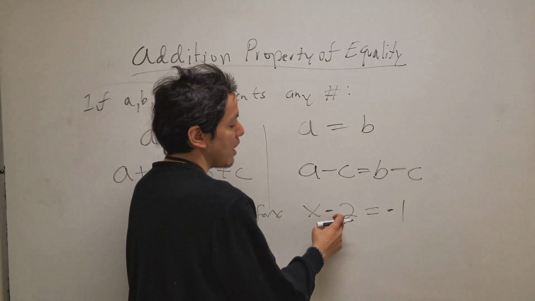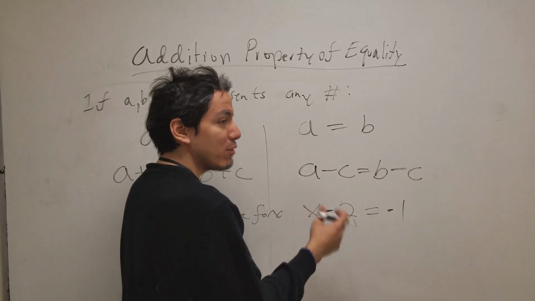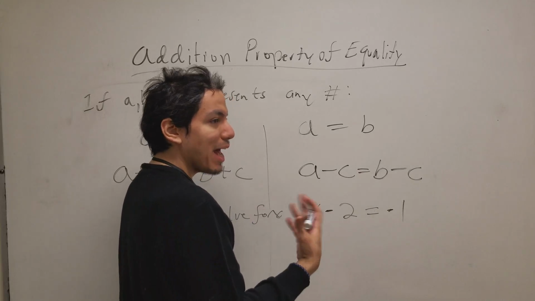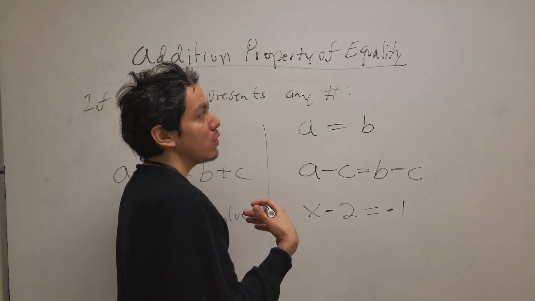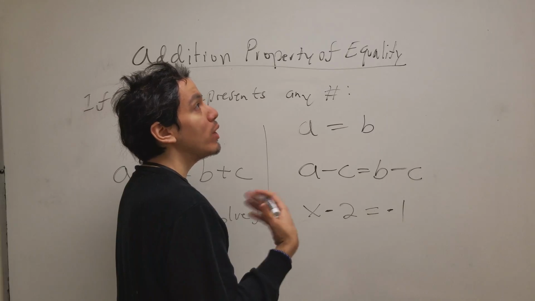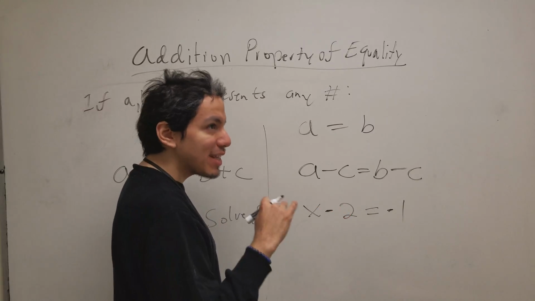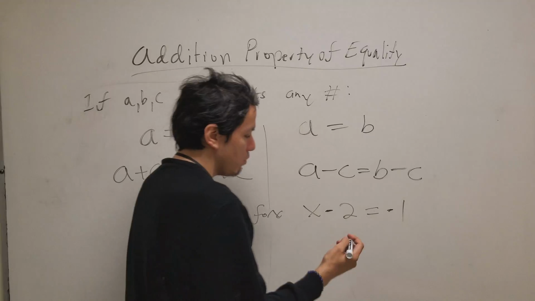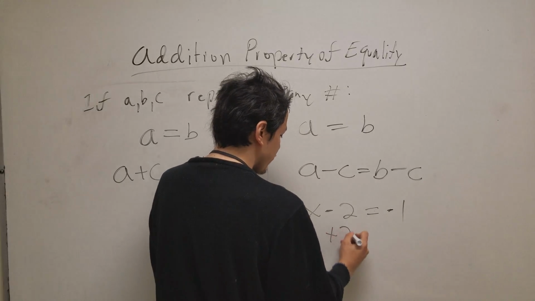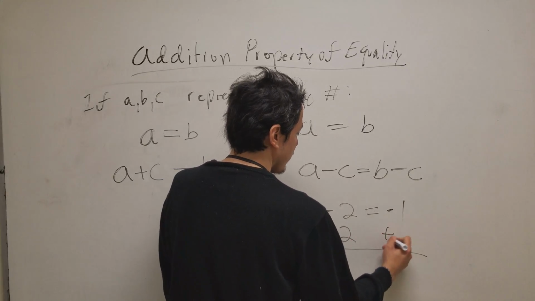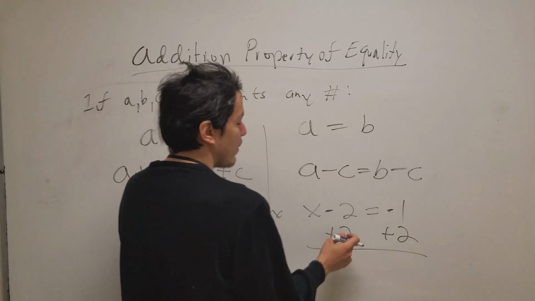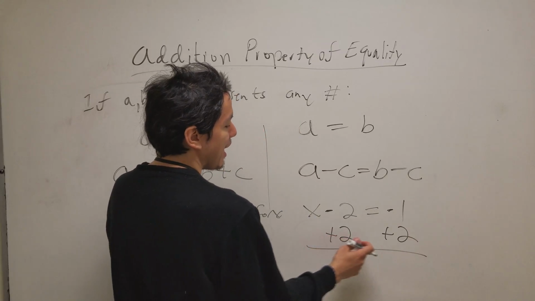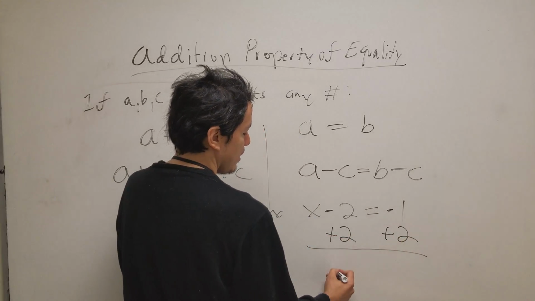So to do this, how do I get rid of 2? When I say get rid of 2, what do I have to add to it? Or I should think of it this way. What is its opposite? Complete exact opposite. Positive 2. Now remember, if I add 2 on the left side, I have to add 2 on the right side.